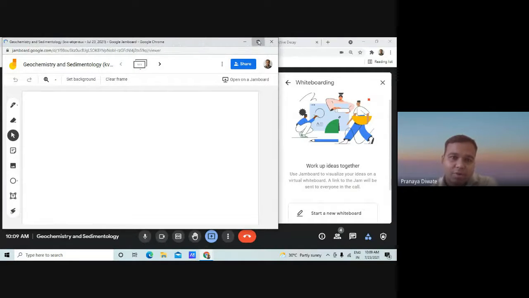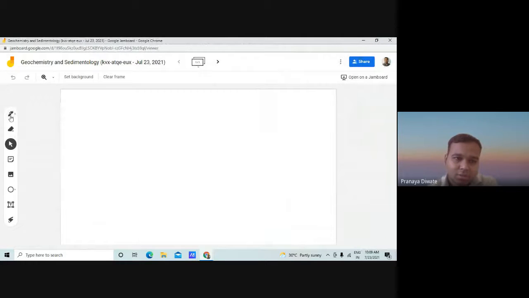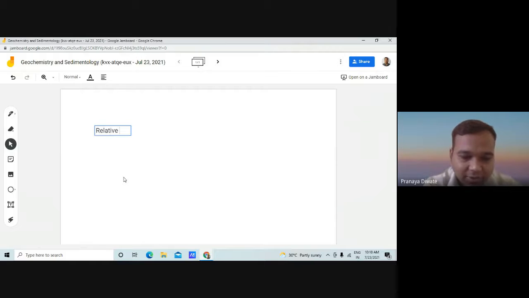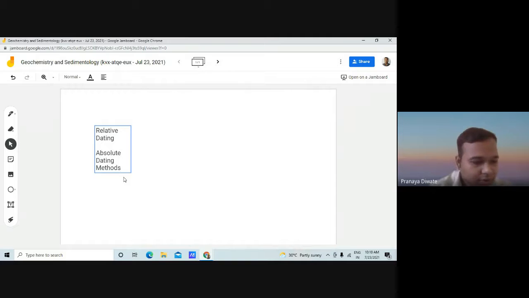So here you have a whiteboard. There are two types of dating method. One is the relative dating method, and the other one is absolute. Now I am explaining what the difference is between relative and absolute dating methods.